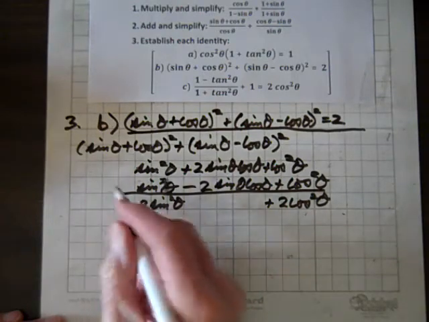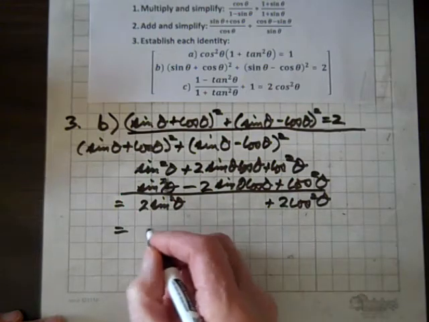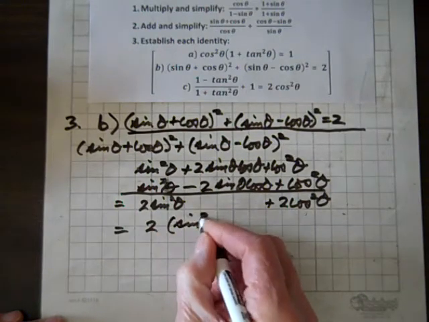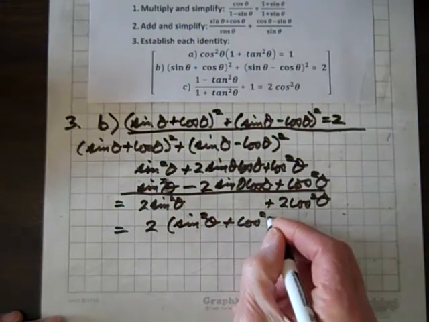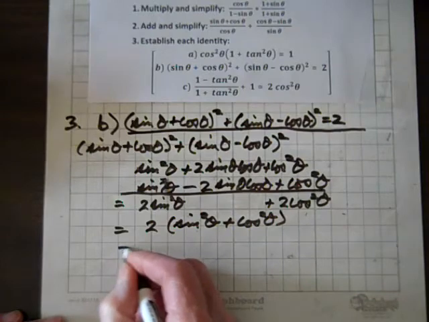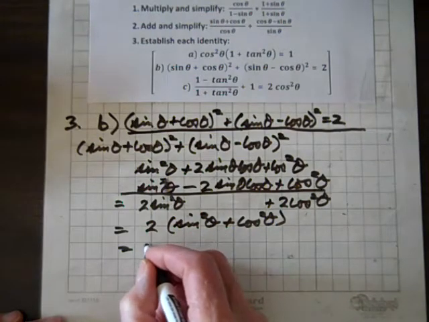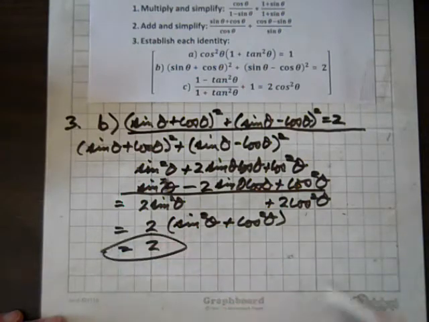Now this equals, we'll factor a 2 out of each of these, and we get 2 times (sine squared theta plus cosine squared theta). But that's just 1. So 2 times 1 is 2, and we're done.